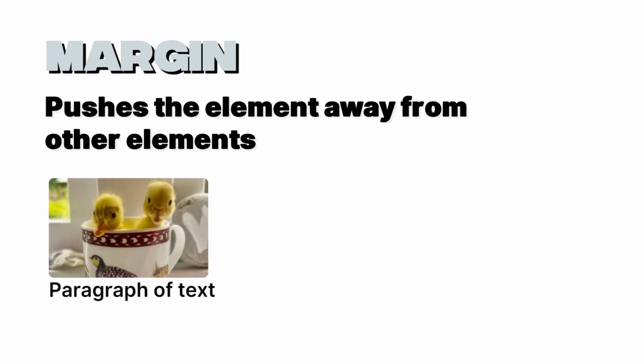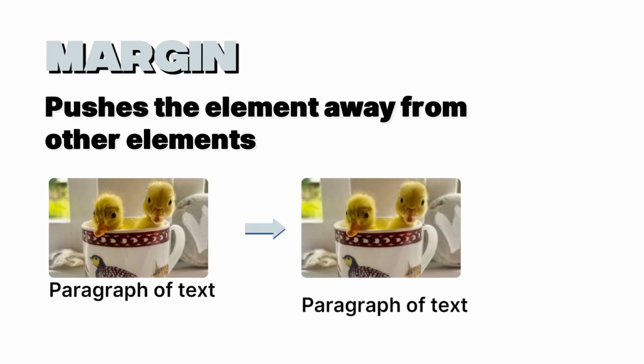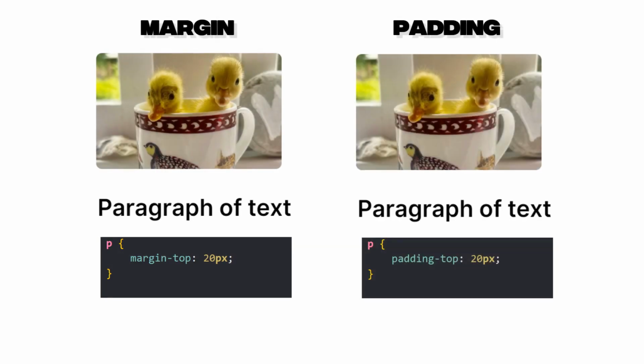For example, here we have an image and a paragraph, and the paragraph is really close to the image. So in this case, we can add some margin to the top of the paragraph to create some space between the paragraph and the image. And this is where a lot of people get confused. Because in this case, whether you add margin or padding, visually it may look like you're doing the same thing.